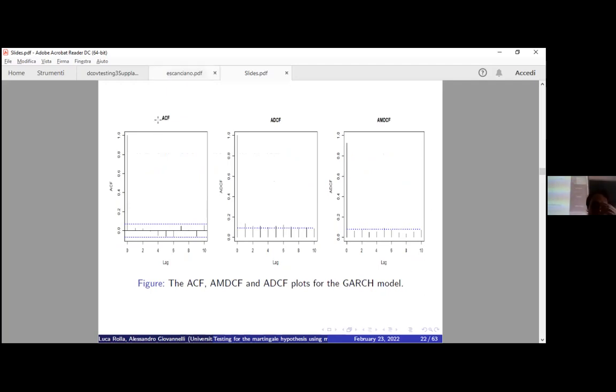We also have the autocorrelation function represented here. So you see for a GARCH model, you have zero autocorrelation at all lags. The auto-distance covariance function is able to find dependence, but the GARCH process being a martingale difference sequence, the auto-martingale difference divergence function does not find any dependence. This is an important property.